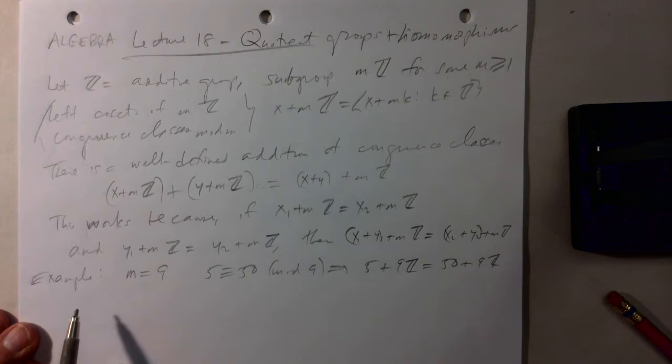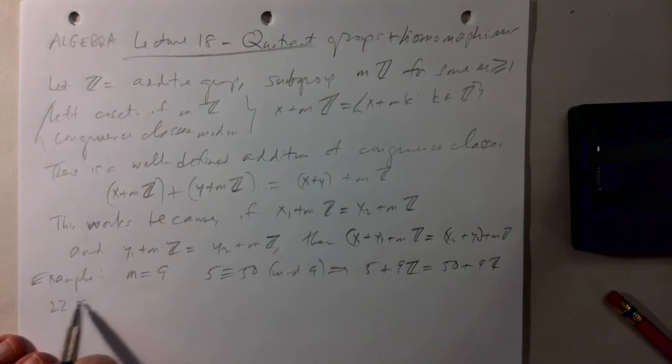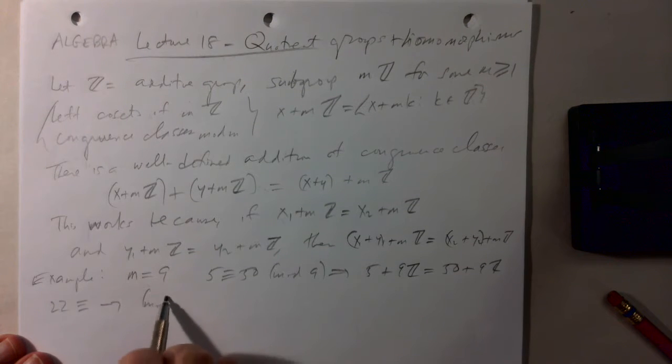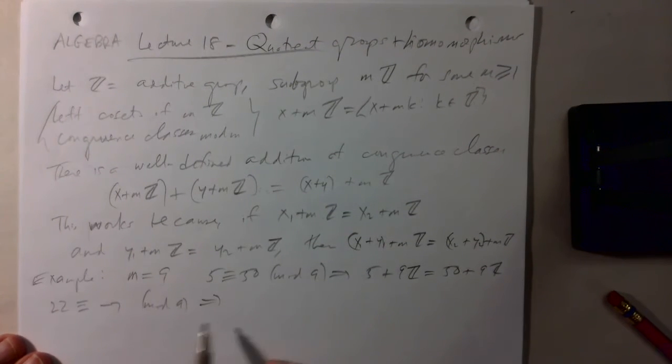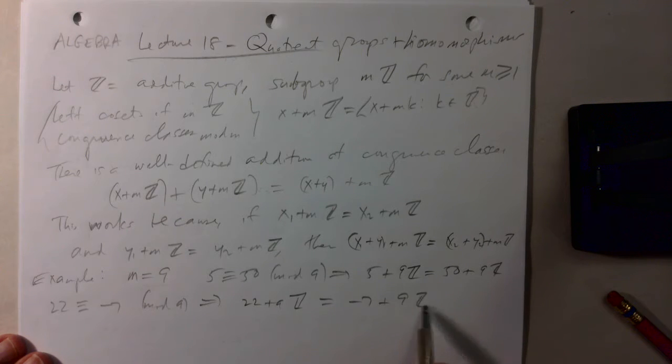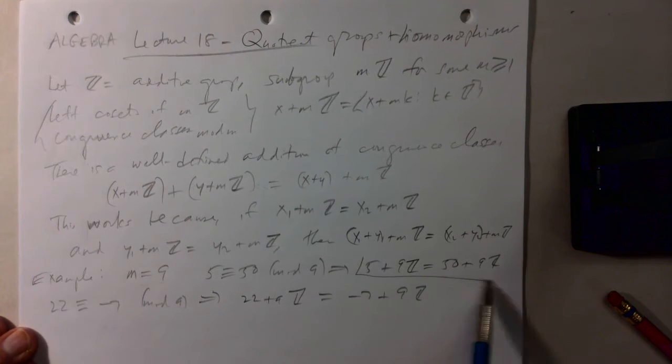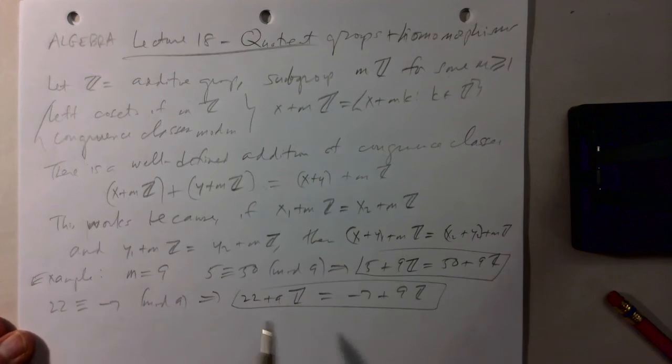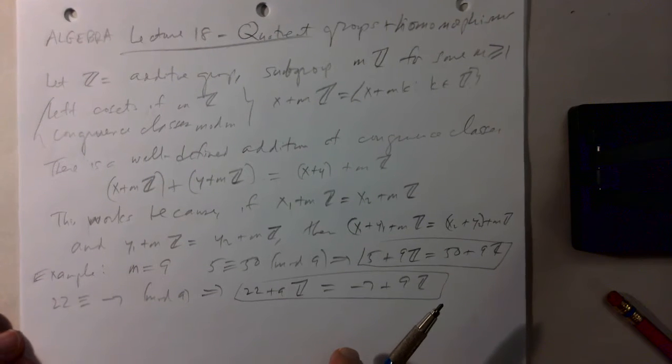And we have also 22 is congruent to minus 7 mod 9. So the congruence class of 22 is the same as the congruence class of minus 7. So we have different ways to write the same congruence class.